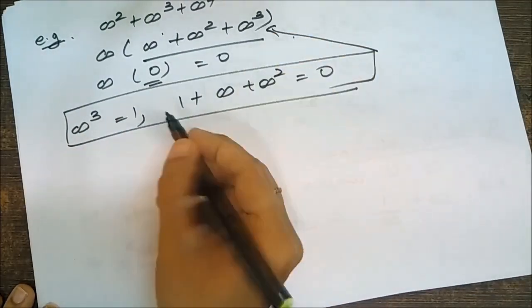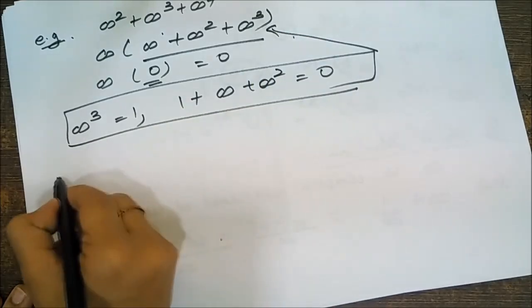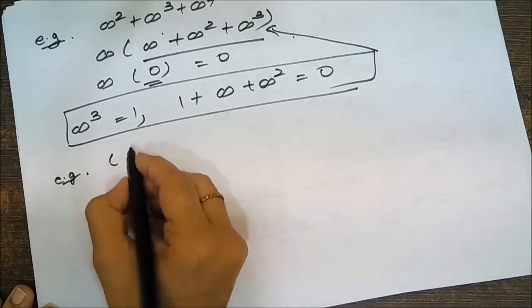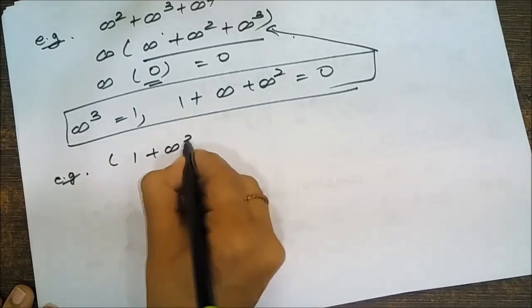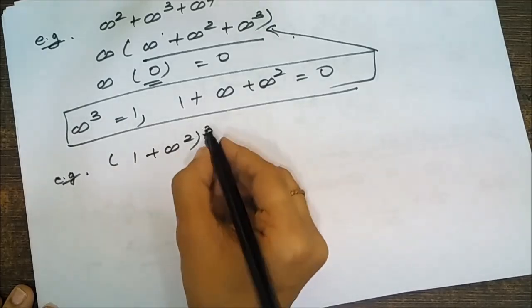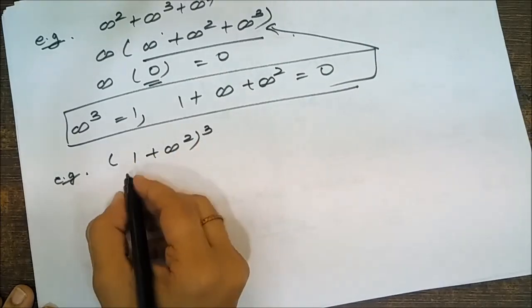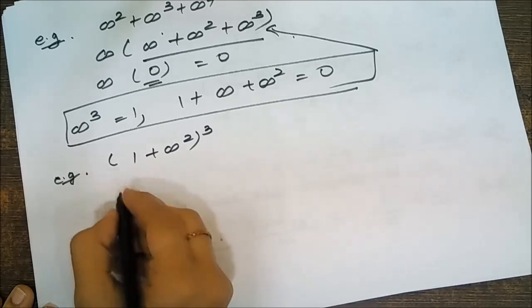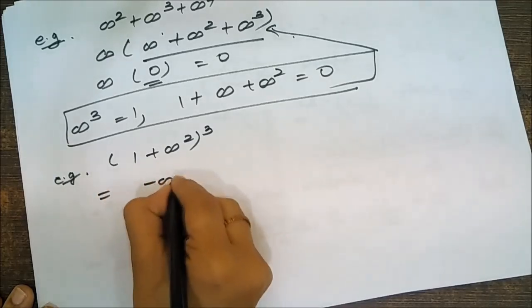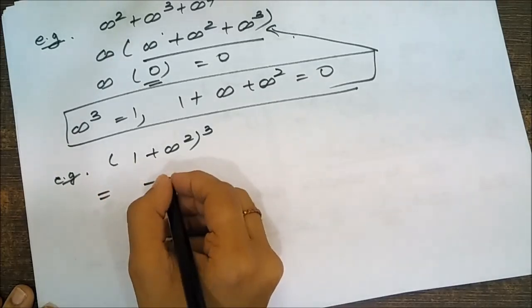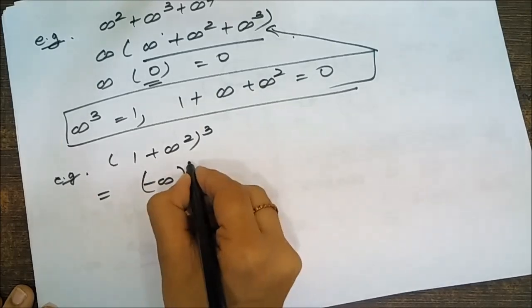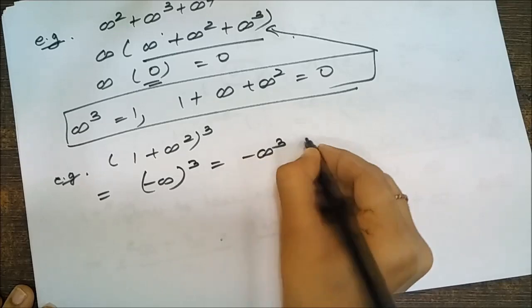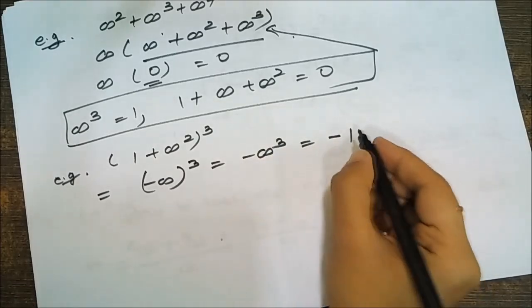And with these terms you will get the answer. Example: this is minus omega cube, that is minus 1.